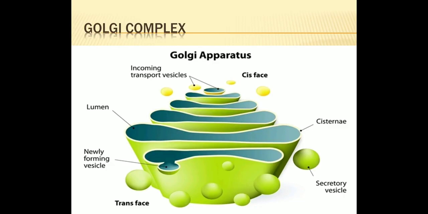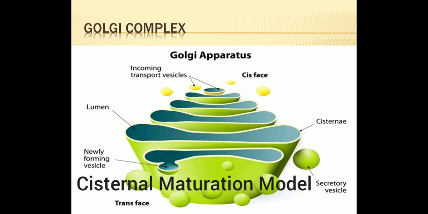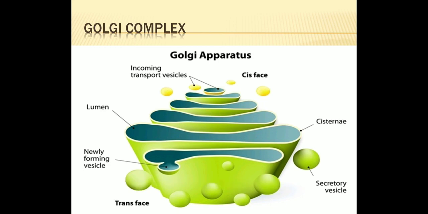It is called the cisternal maturation model. It is also said that some vesicles recycle, thus enzymes that have been carried forward by moving cisternae come back to the less mature region.